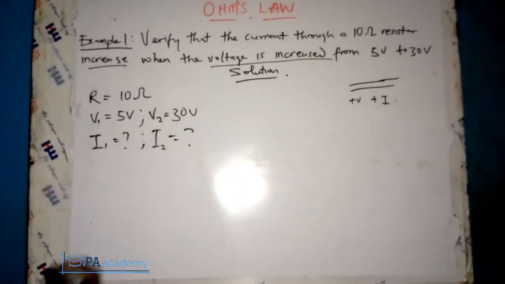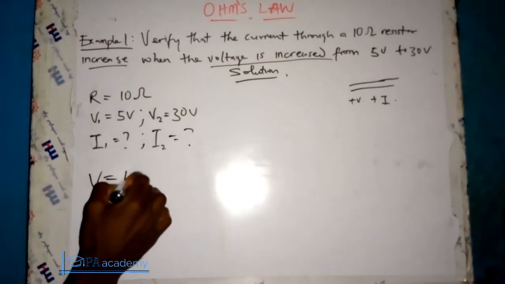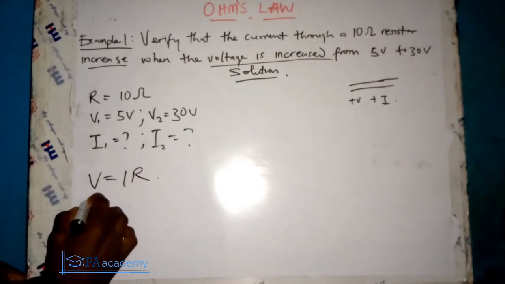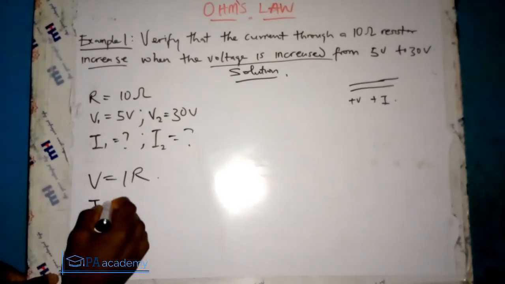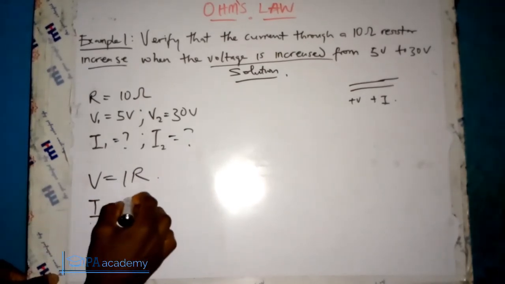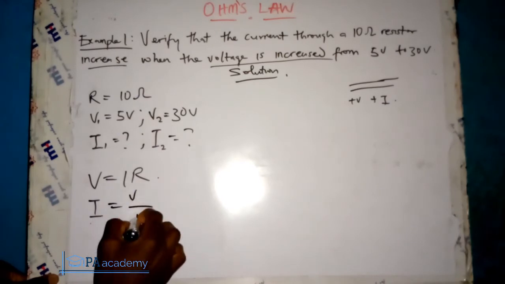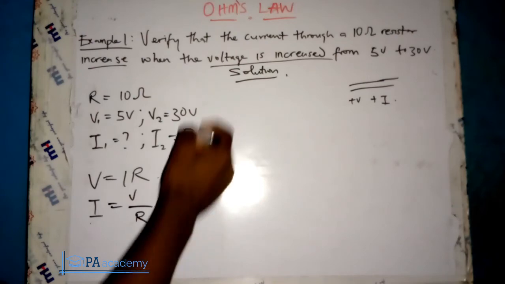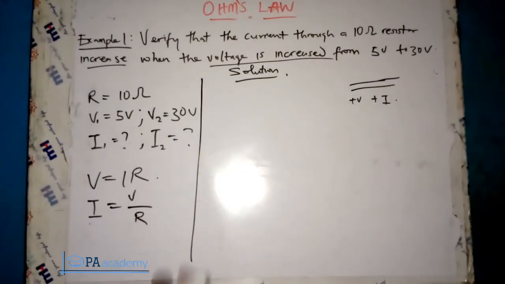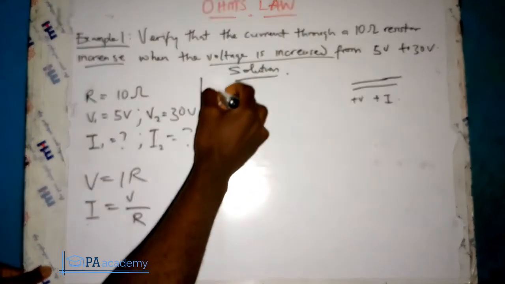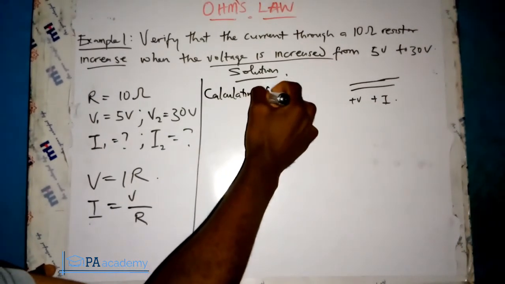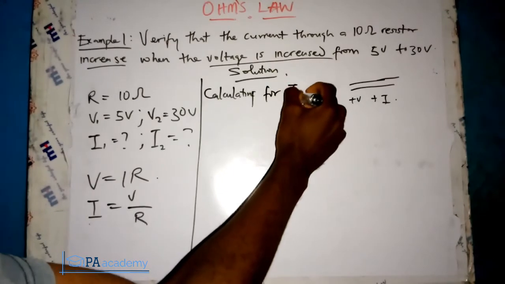Now let's bring out the formula again. We have V is equal to IR. Since we are calculating for I, which is the current, our I is equal to voltage over resistance, that is V over R. Now let's calculate for I1.